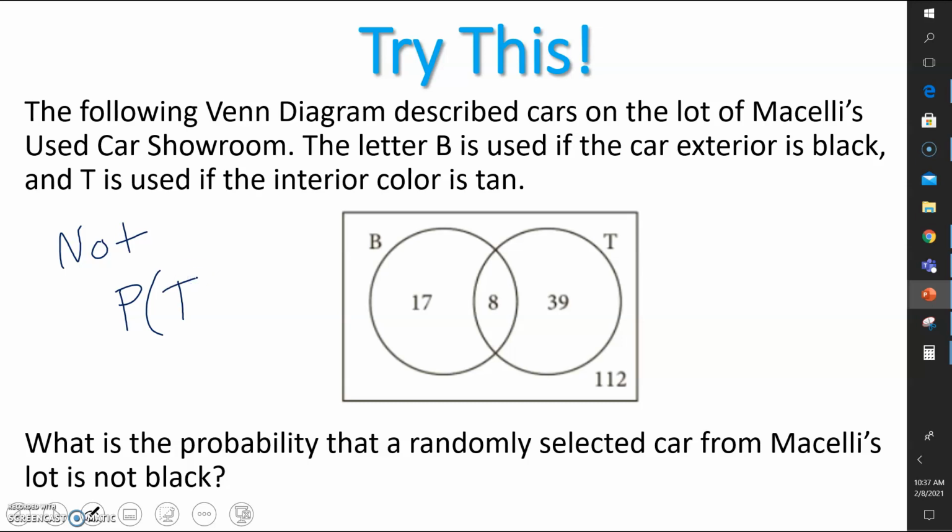We would put P of T, and then we would use this little apostrophe, and that would give us our not. So that would read the probability of not tan. One other quick note is to be conscious of the number of cars on the lot, which includes all of the numbers shown. Now give it a try.